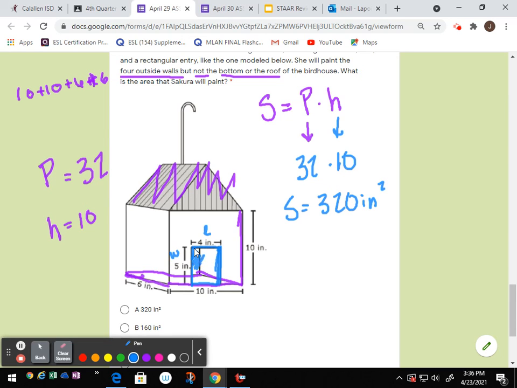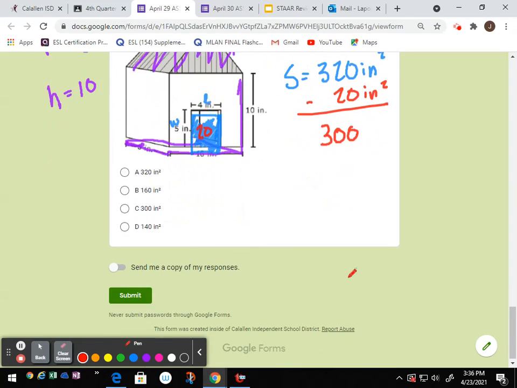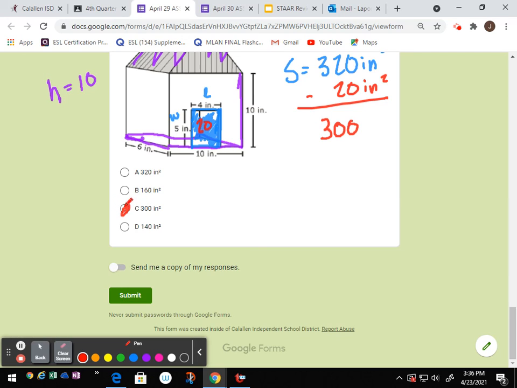So this space right here that we're not painting is 20 inches squared. We're going to take 320 and subtract 20 inches squared from it. 320 minus 20 is 300. So the correct answer for number 4 is C.